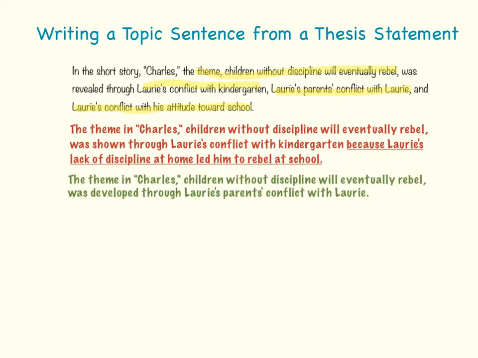Here's our second topic sentence. The theme in Charles, Children Without Discipline Will Eventually Rebel, was developed through Laurie's parents' conflict with Laurie. It's not quite as long as the first one. Do you know what I need to add? The elaboration.